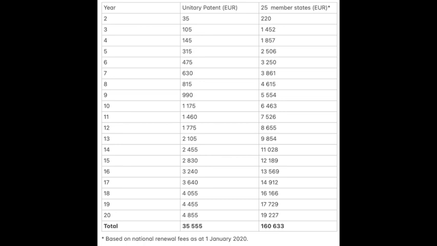There's the administrative committee of the EPO of the unitary patent system, which will have to decide on the actual fees. And then we come to a second table, which is important as well.